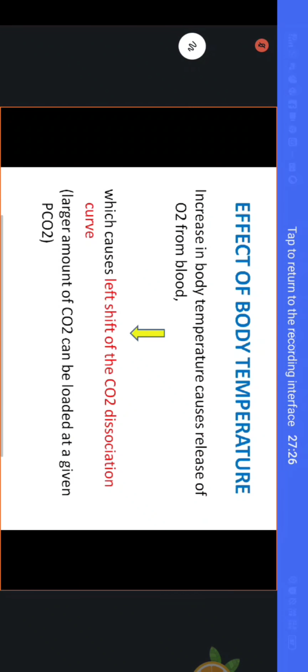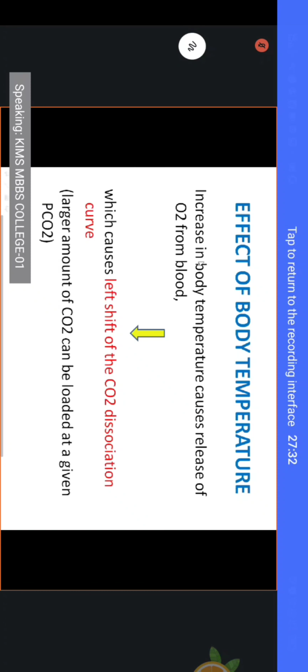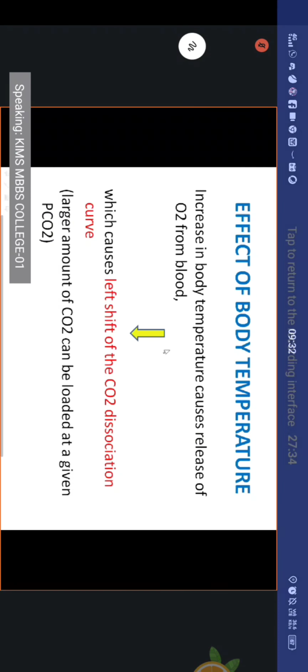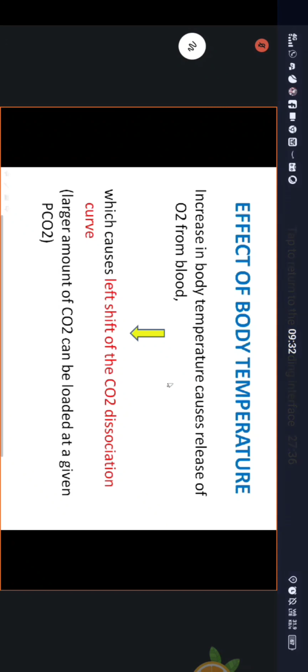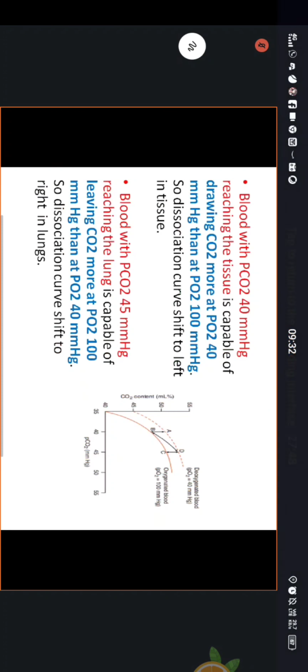Whereas the third effect is the effect of body temperature. Increase in body temperature causes release of oxygen from the blood. That means RBC become deoxygenated hemoglobin. So as a result of deoxygenated hemoglobin, it can allow more CO2 binding. That means shift to left occurs because of the effect of temperature.